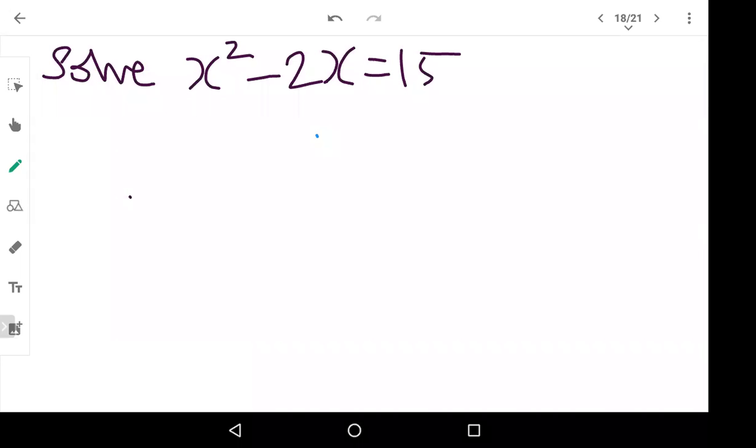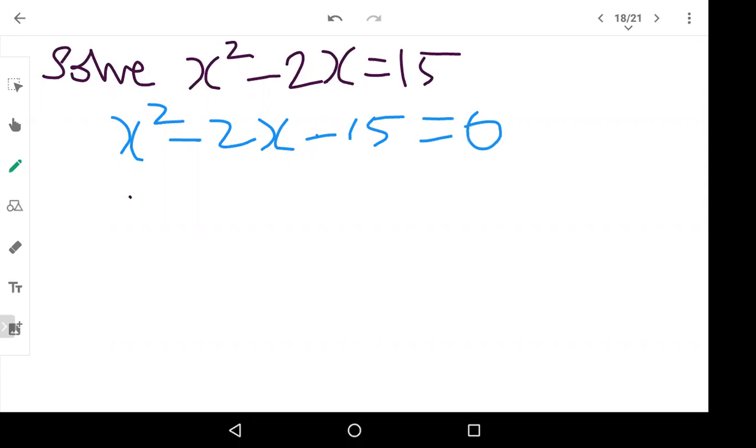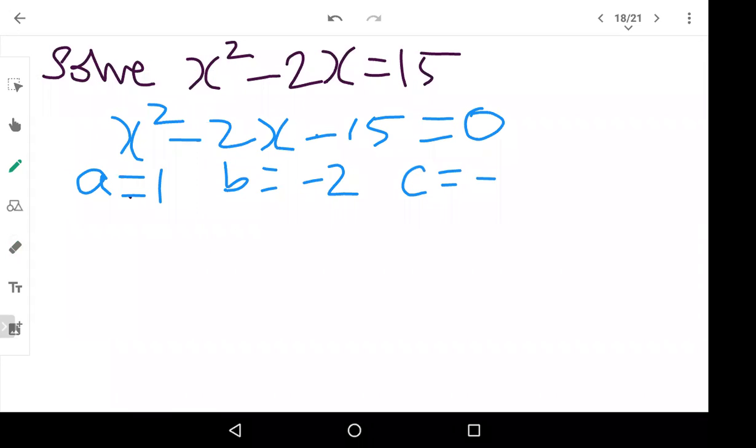Rewrite the question again. X square minus 2x, if plus 15 comes to the other side, it will become minus 15 is equal to 0. Now start. A is equal to 1, B is equal to minus 2, C is equal to minus 15. So A into C is equal to 1 into minus 15, which is minus 15.